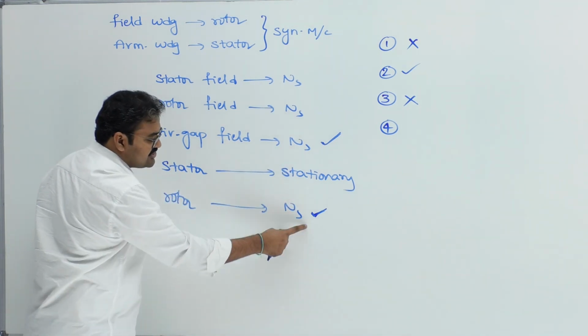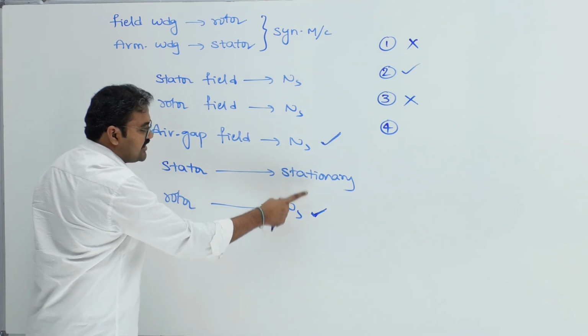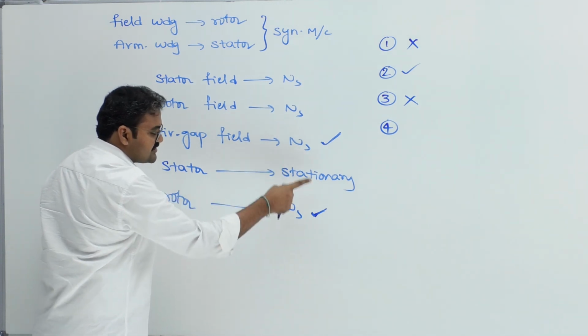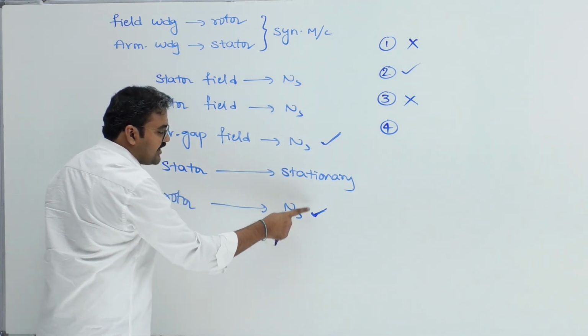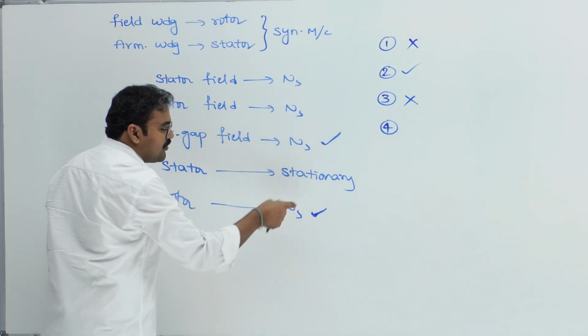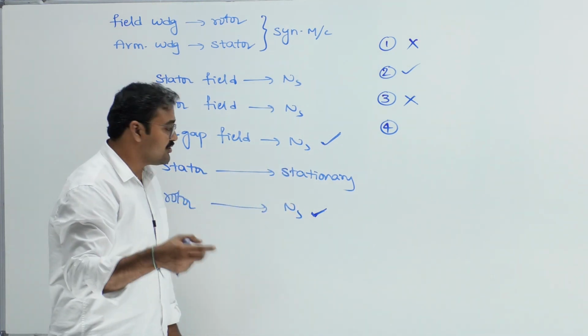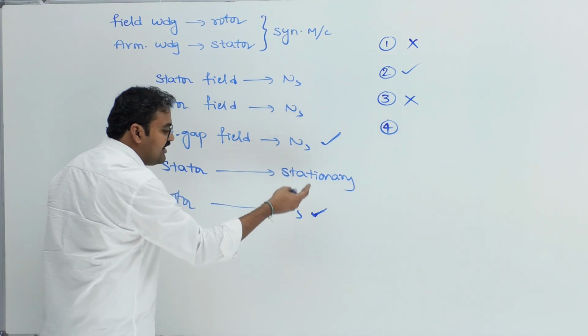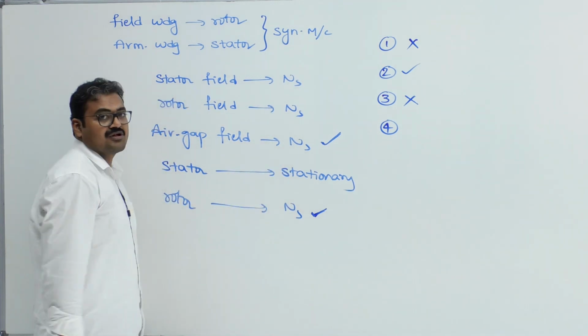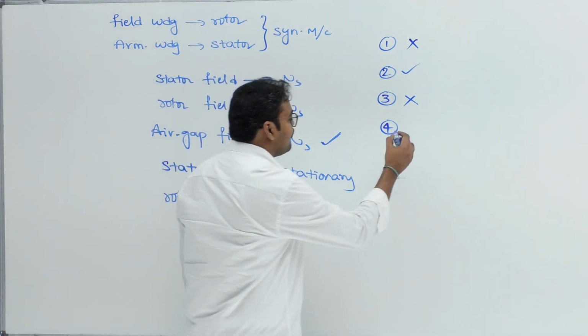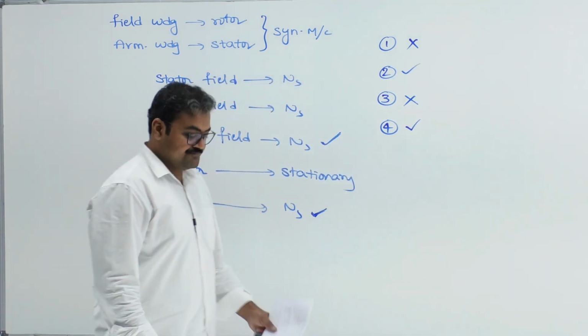Air gap field is rotating at ns, rotor is also rotating at ns, relative speed is 0. What does relative speed 0 mean? Indirectly, air gap field is stationary with respect to rotor. Am I right or not?